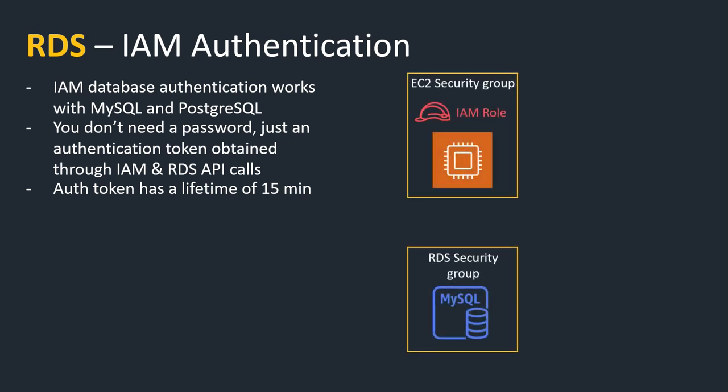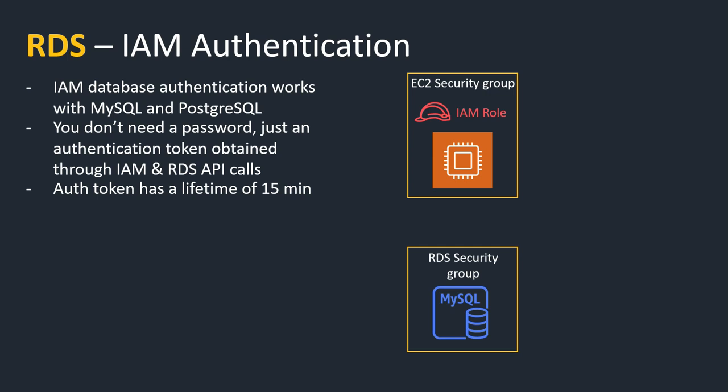So here's the example. We have our EC2 security group and our EC2 instance, and then we have our MySQL RDS database in an RDS security group. The EC2 instance will have something called an IAM role, and we will see what that means when we get deep into IAM roles for EC2.